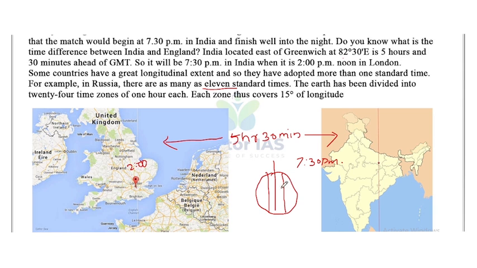Each zone is 1 hour, so 1 hour each, then total 24 hours. And each of these covers 15 degree.